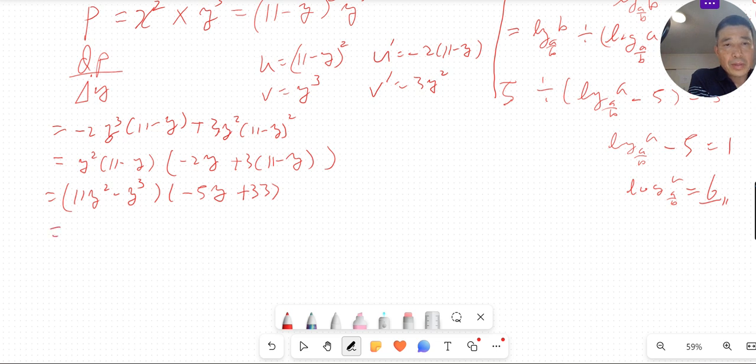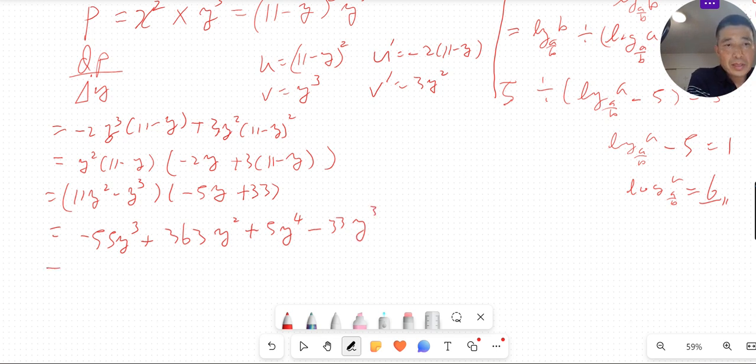So for method, minus 55y cubed plus, what is 11 times 3, 11 times 33? 363. 363y squared. Plus 5y to the power of 4 minus 33y cubed.